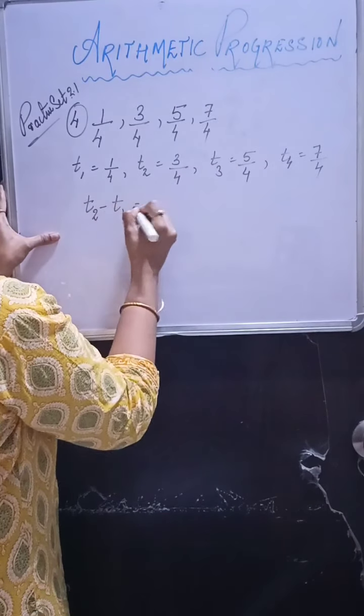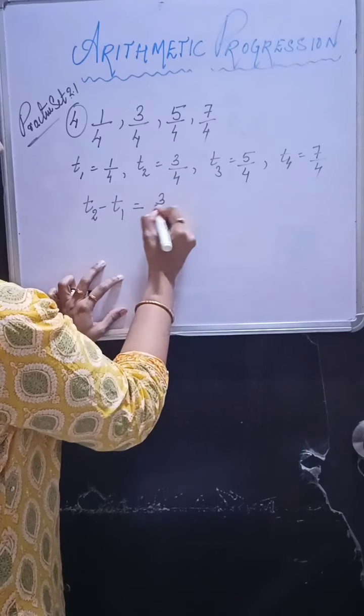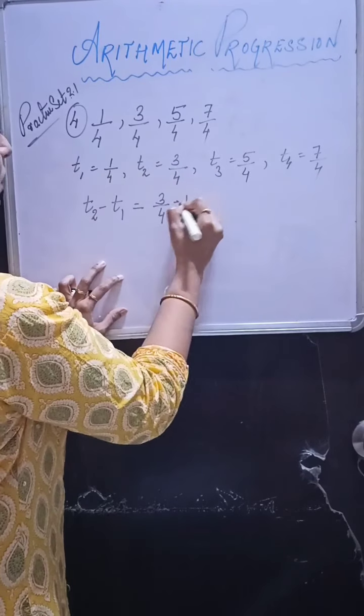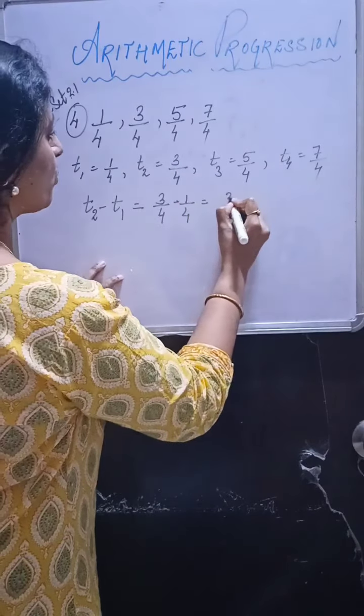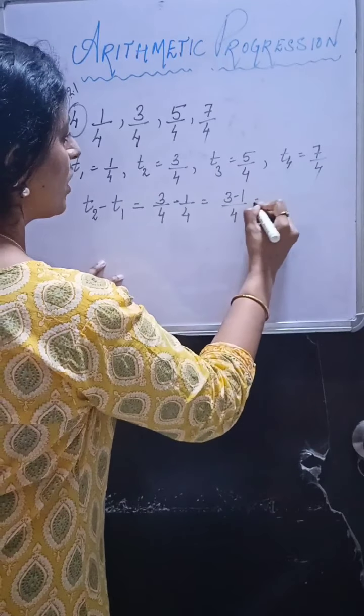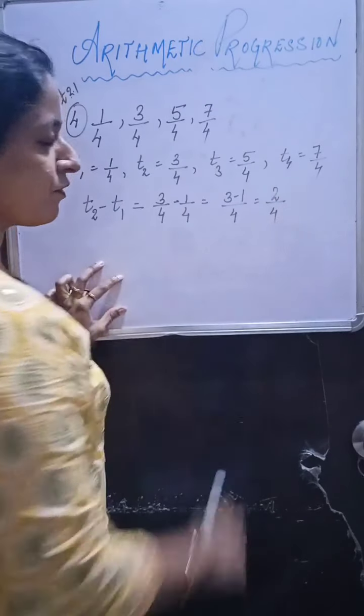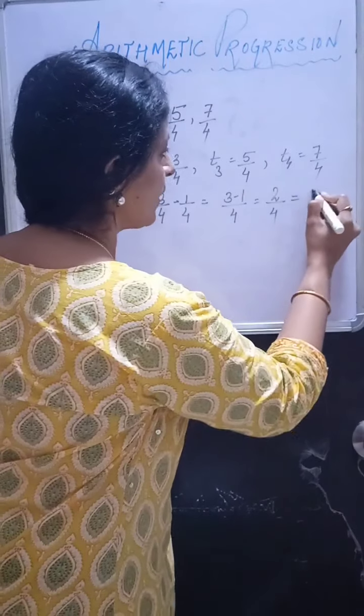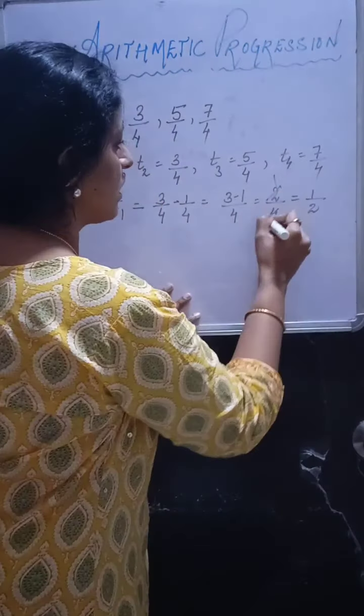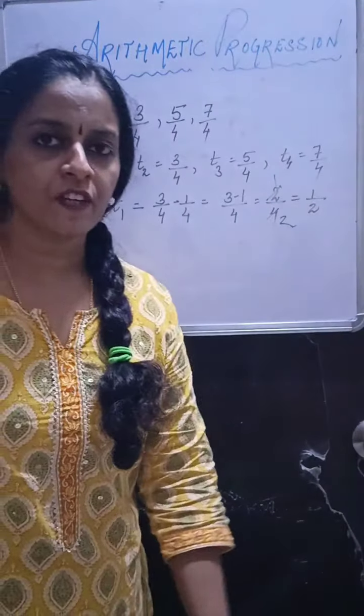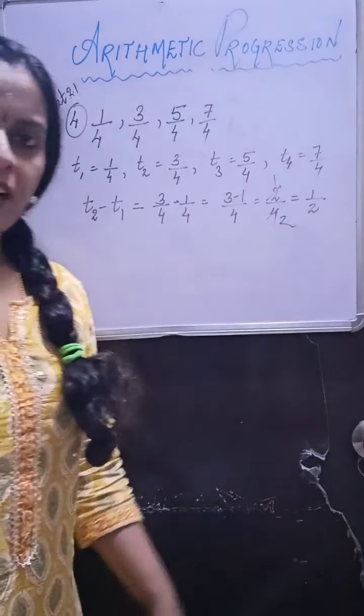T2 minus T1, let us do. 3 upon 4 minus 1 upon 4 will give you 3 minus 1 upon 4, which is equal to 2 upon 4. 2 upon 4 will be 1 upon 2. 2 ones are 2, 2 twos are 4. So common difference you are getting 1 upon 2.